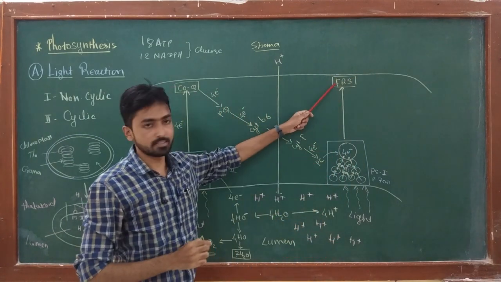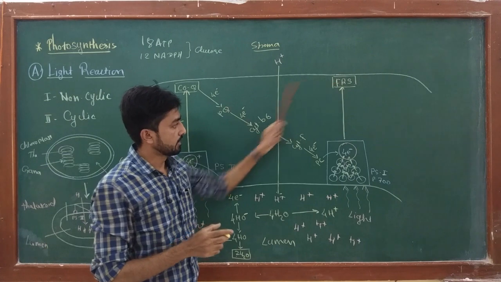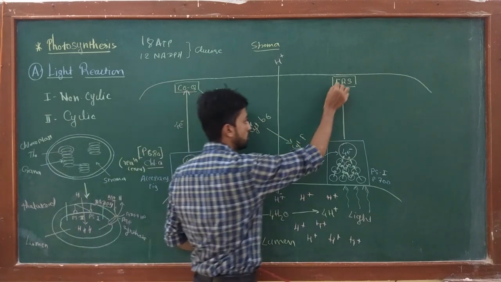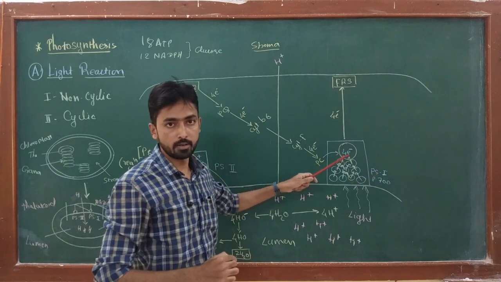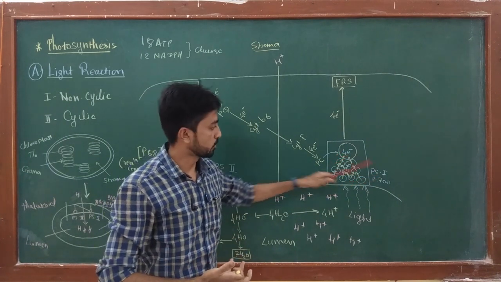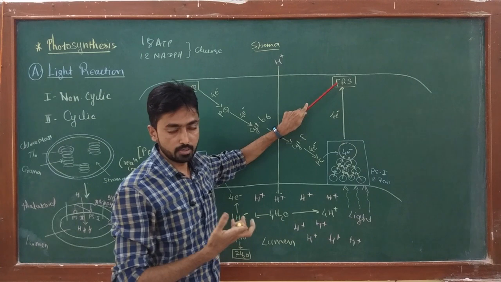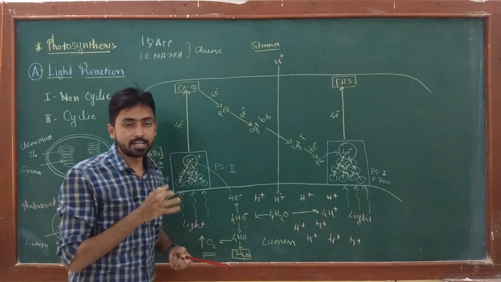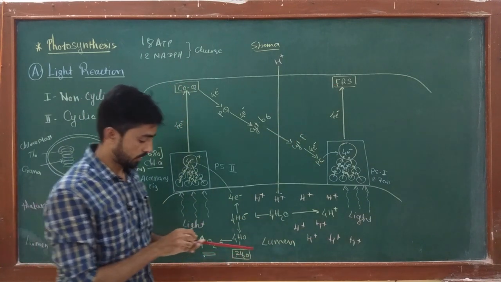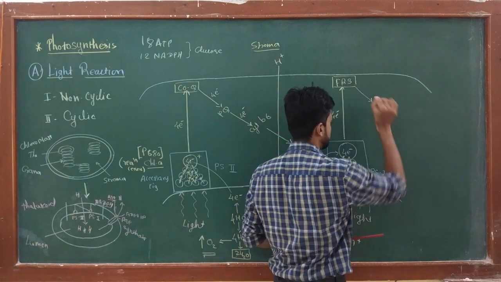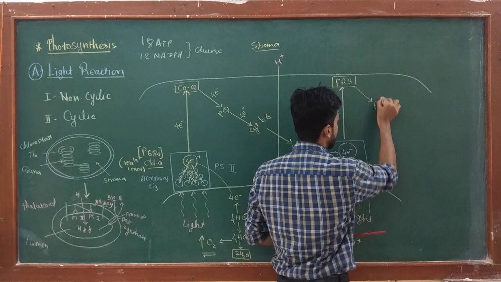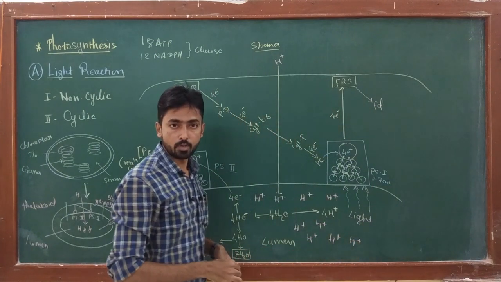ferredoxin reducing substance. Actually, this is not a well characterized compound, but it is present in the thylakoid membrane, and it accepts the energized electrons from photosystem 1. Okay, finally, the ferredoxin reducing substance gives the electron to ferredoxin, Fd.